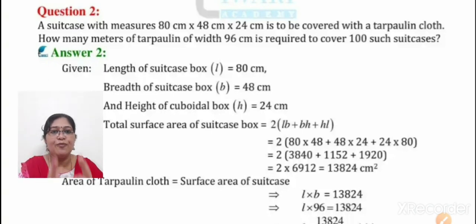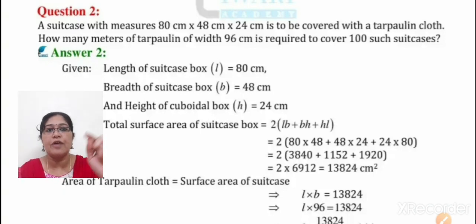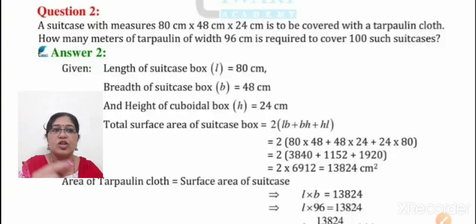Okay, so you will find the total surface area of one suitcase and you will multiply by 100. Same way the area also, the length. So now let us find the length. You should find the length of the tarpaulin cloth also. How many meter of tarpaulin of width 96 centimeter is required to cover 100 such suitcases? That is the question.